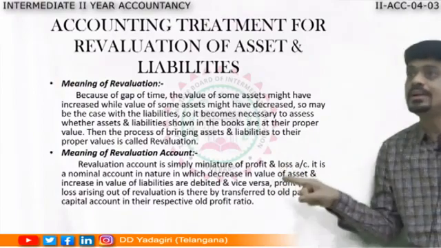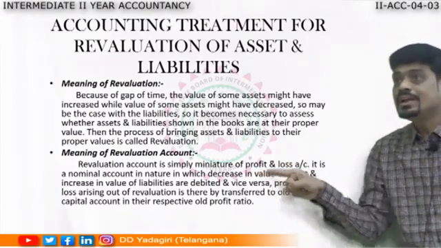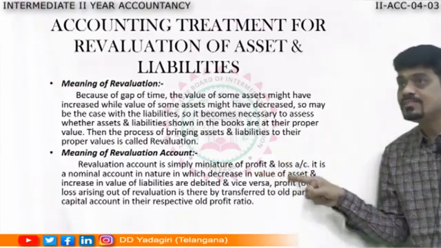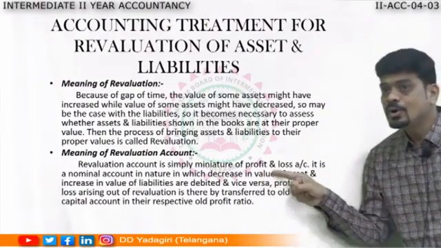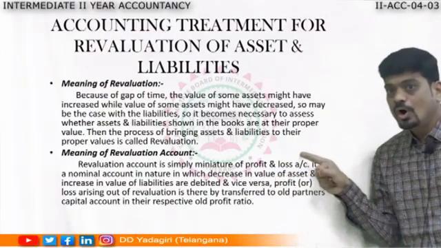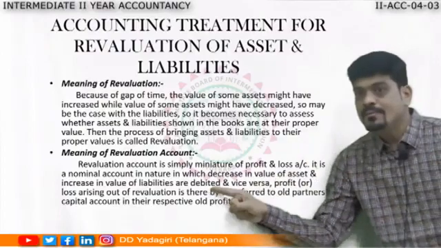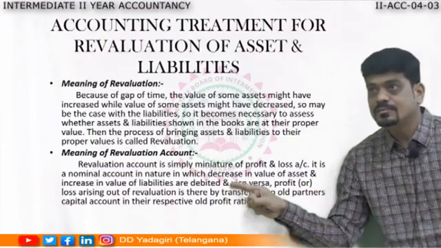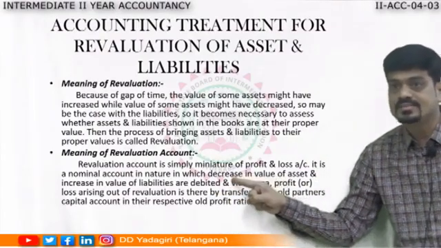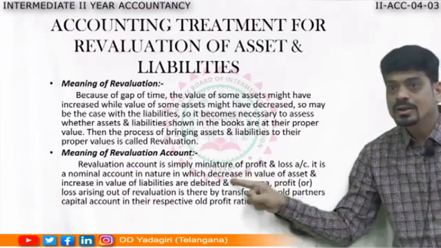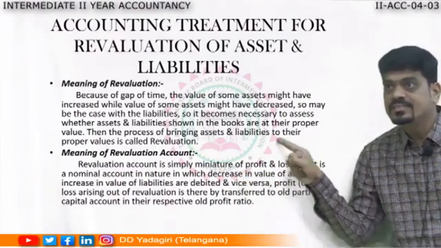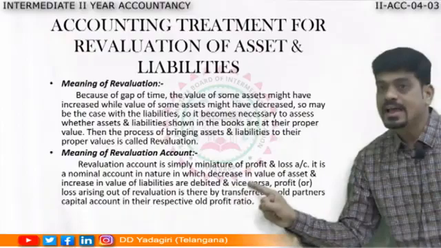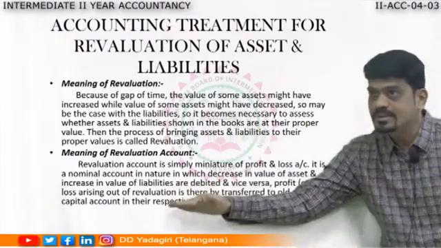Now see here, in the content only I gave you the entire thing. Decrease in the value of asset. Please keep in mind, if the value of an asset decreases or if the value of a liability increases, we have to show it on the debit side. Decrease in asset, increase in liability will show on the debit side.